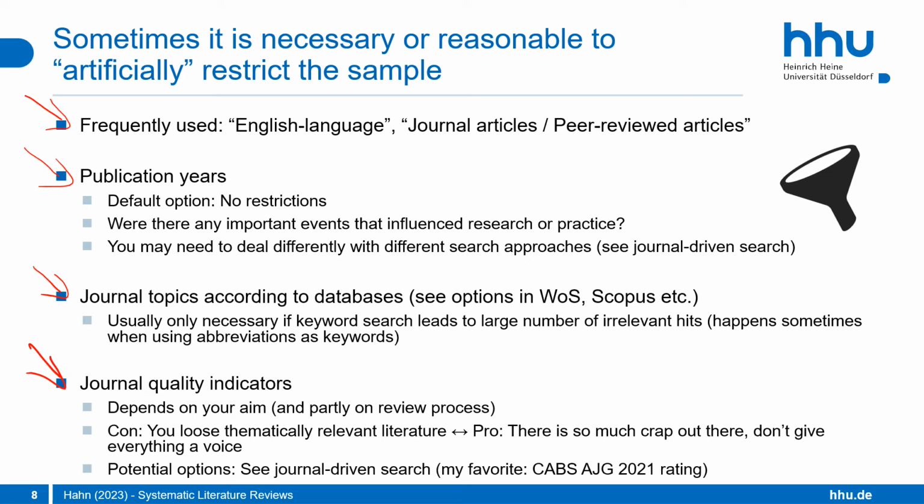On the positive side, however, there are really some, just to name it like that, some stupid articles out there, method-wise really dubious, and I think it's not really wise to give every article a voice through a literature review if it's really qualitatively questionable. So that might be something to consider when looking, for example, at journal quality indicators. But again, that depends very much on what you want to do and where you come from.